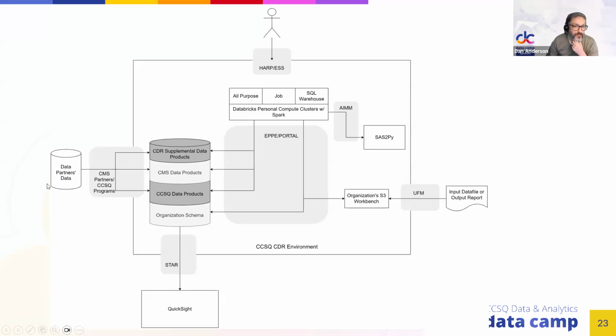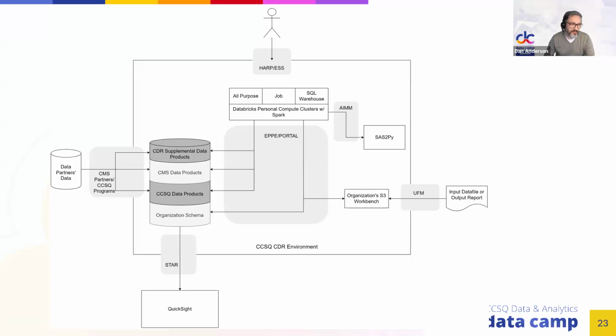And of course, all of our data partners and CCSQ programs that are connecting or allowing us to connect, or in one way or another providing data into the CDR. It's all here. And then also STAR, allowing us to meet the needs of QuickSight and users who need to use QuickSight.